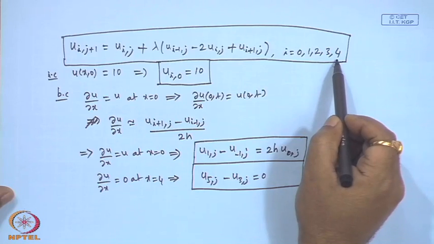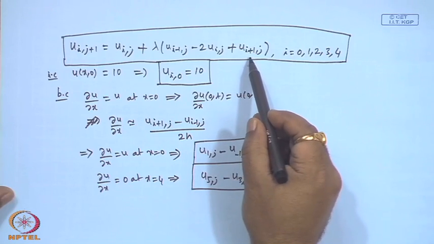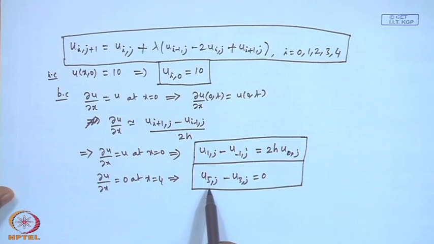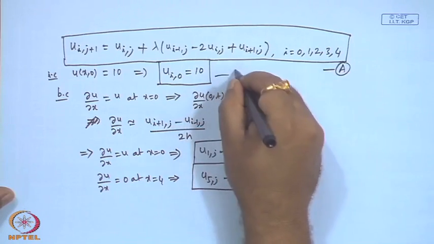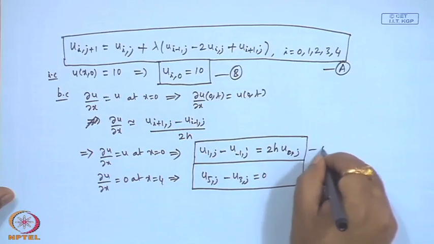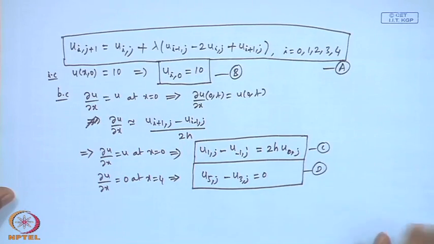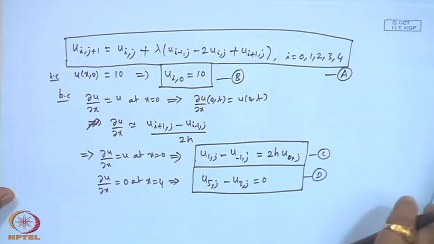Similarly, if you run this equation at I equals to 4, we are going to get another fictitious value at the other end, and we have an equation involving this fictitious value. Okay. So, let us call these A, B. Okay. So, let us run equation A at I equals to 0.